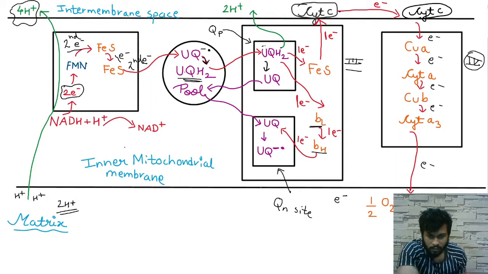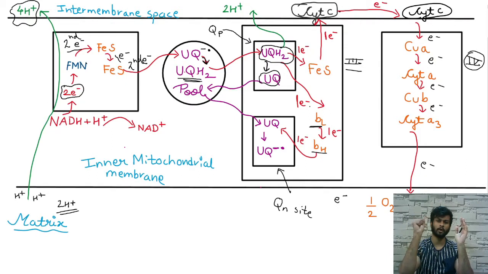When the UQH2, that is ubiquinol, loses 2 electrons, it will get converted into ubiquinone. Because ubiquinone is the fully oxidized state, it will accept 2 hydrogen atoms and 2 electrons and get converted into ubiquinol or UQH2. So if UQH2 loses 2 hydrogen atoms and 2 electrons, it will again get converted into UQ, that is fully oxidized state.